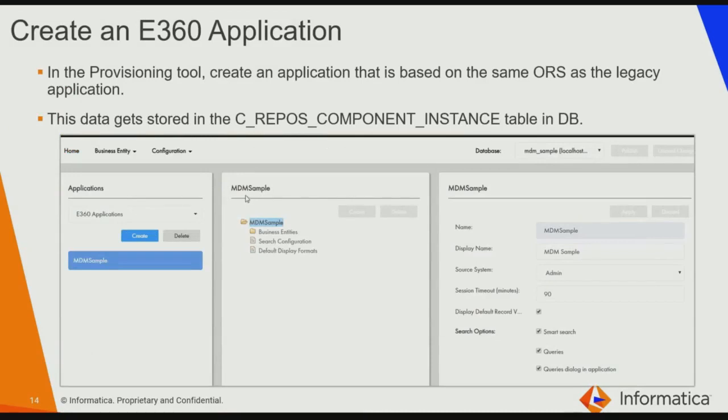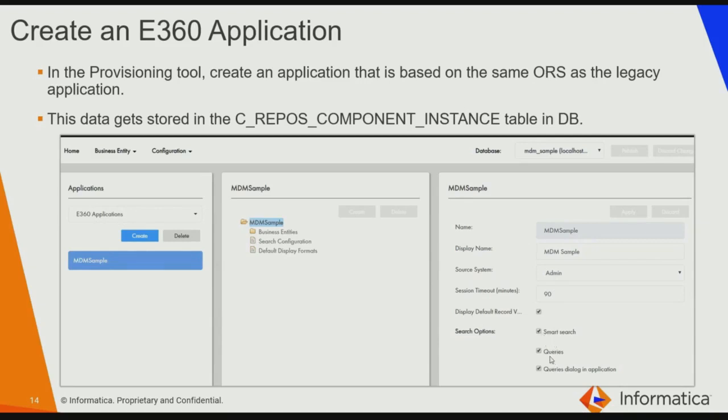Next is how to create an IDD E360 application. In provisioning tool, you can create an IDD based E360 application. As you see in the screenshot, you create application, you provide name, you say what is the source system it will be using, what are the search options, a smart search as I mentioned, the Google like text-based search.